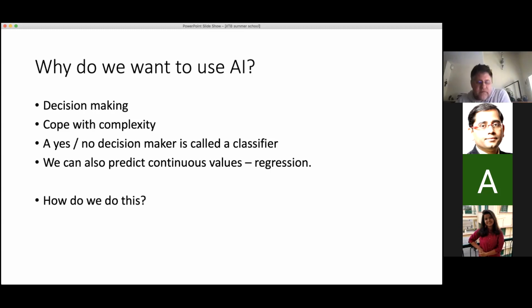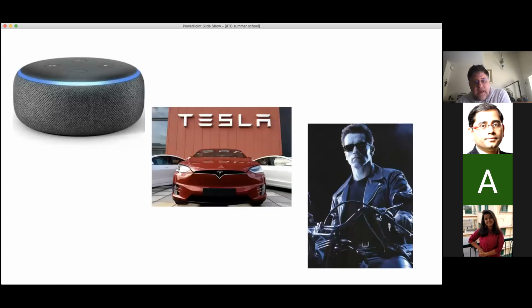And so how do we do this? Well, before I get onto that, these are some examples of AI, both real and perhaps imagined. This is to illustrate that we don't really have true AI. Here we've got an example of an Amazon Echo Dot, and that has a level of simulated intelligence.